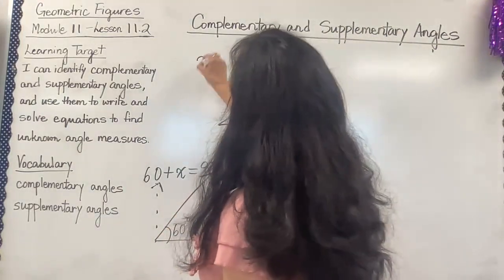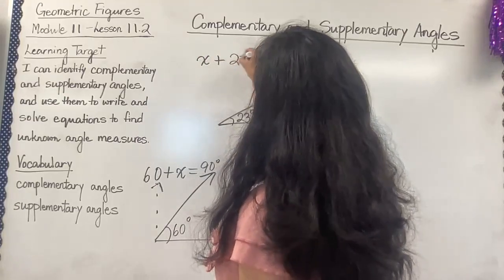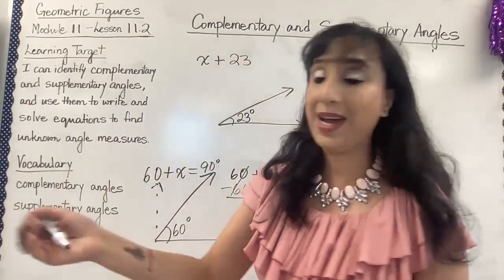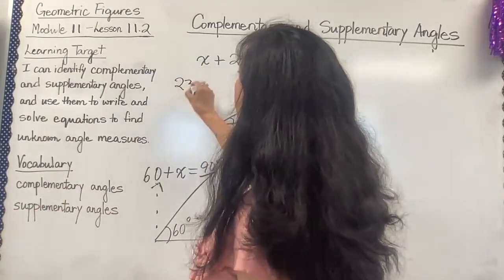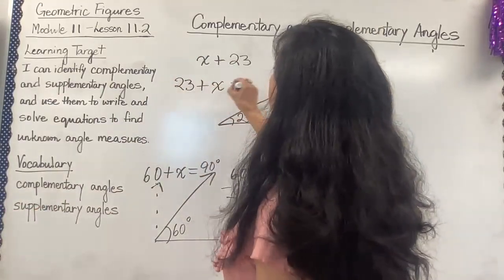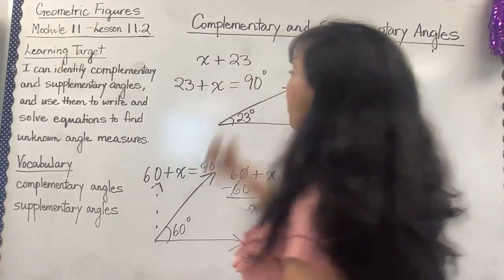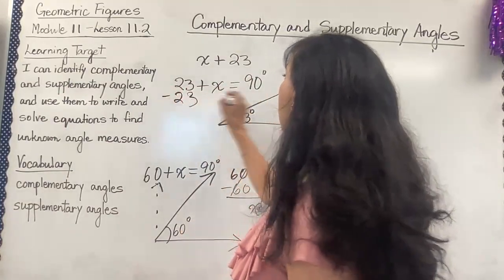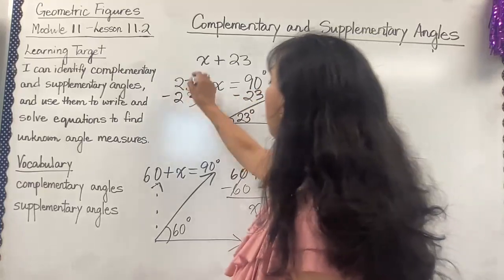So x plus 23, or you can write 23 plus x, will equal 90 degrees. And then you just do minus 23 over here.